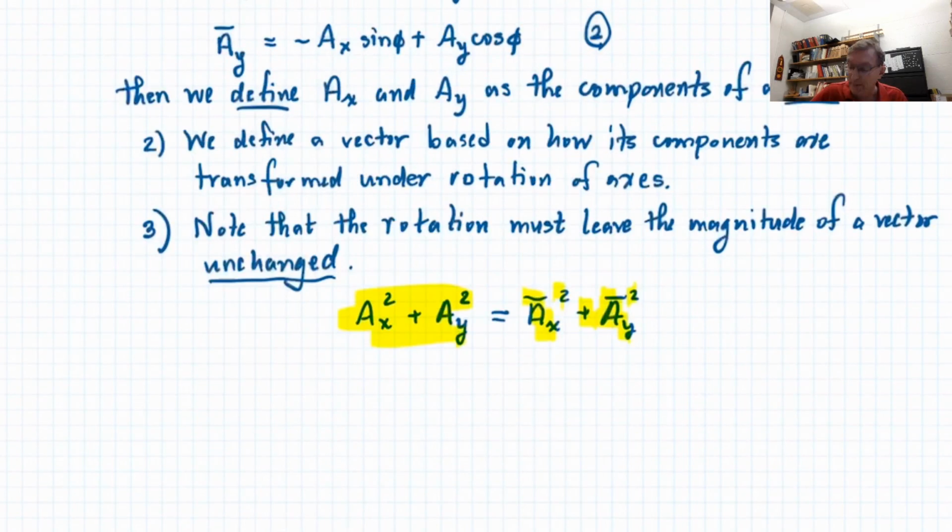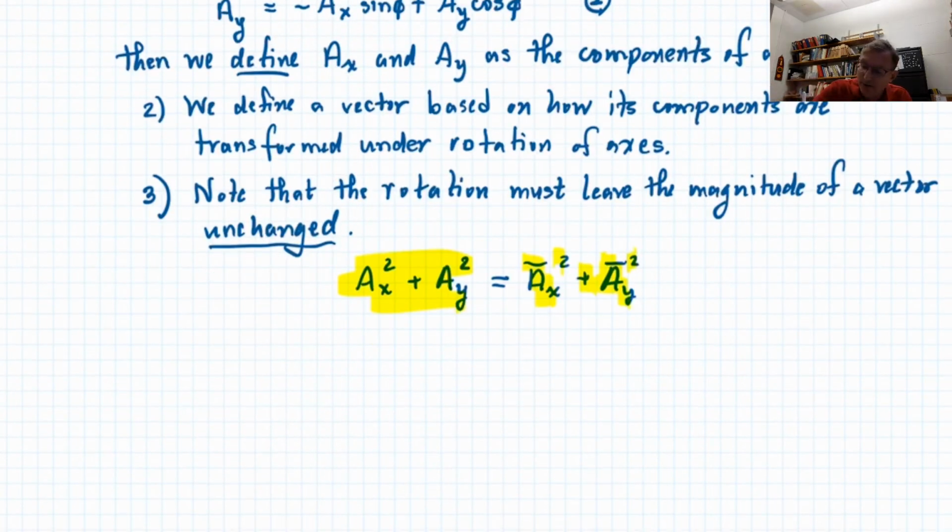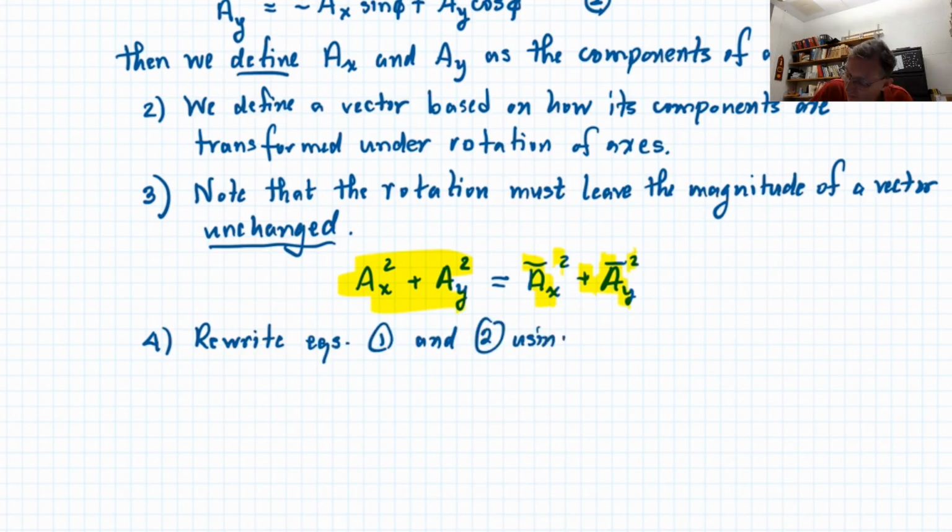Now, let me show you a compact way to rewrite those equations 1 and 2 up above. We'll use matrix notation. Let's rewrite equations 1 and 2 using matrix notation.